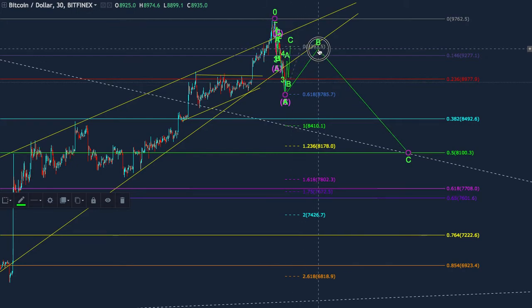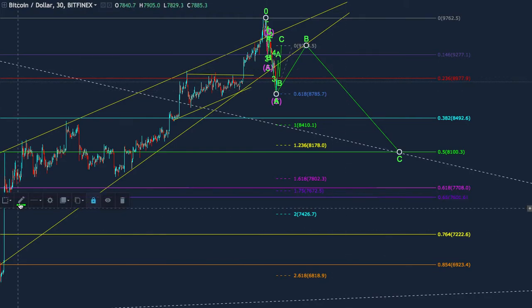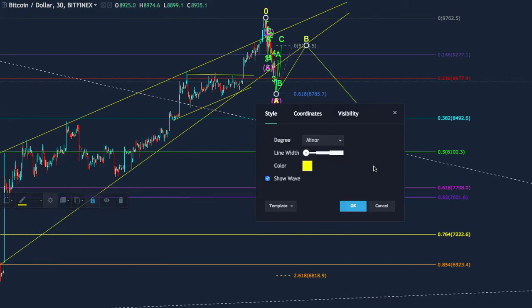And I expect this to come out a little bit, maybe retap the bottom of the wedge that it's been in. And we'll make this a larger degree as well.